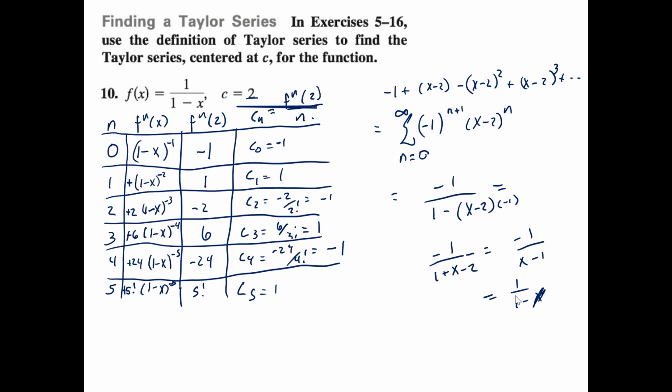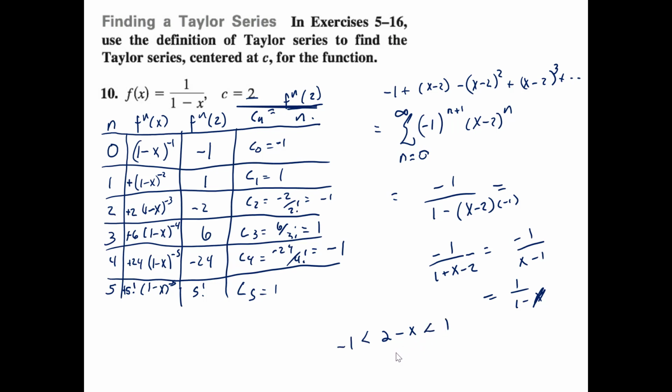But by recognizing that this is geometric, the other thing we want to do with these series is find the interval of convergence. Your common ratio is 2 minus x, and so then 2 minus x needs to be between negative 1 and 1.